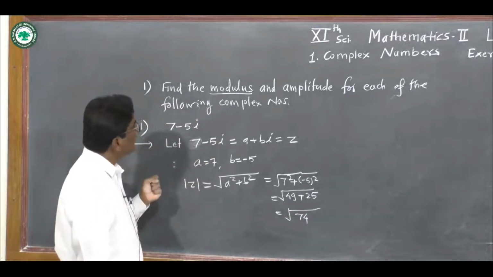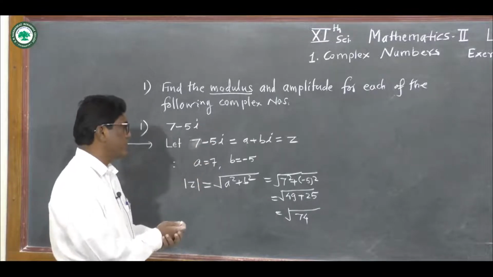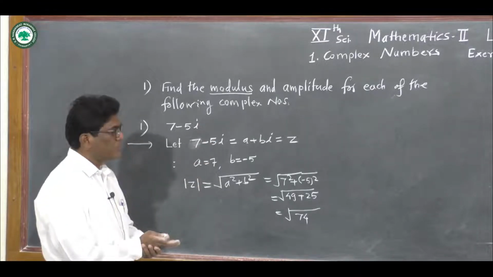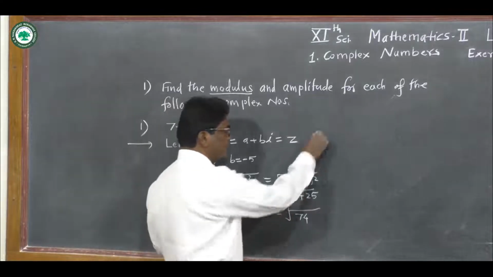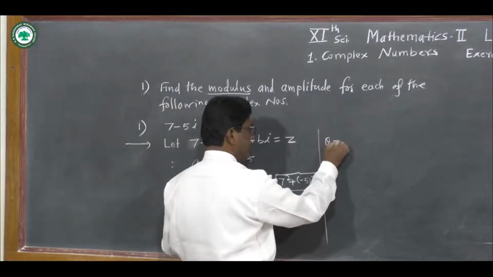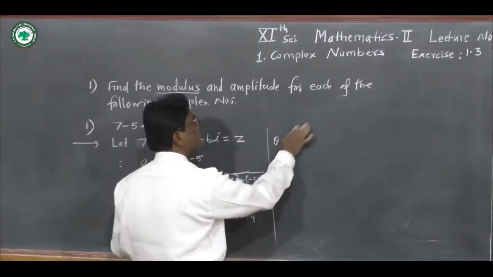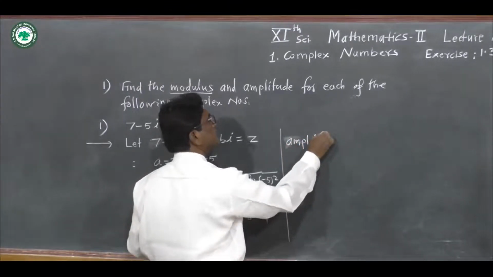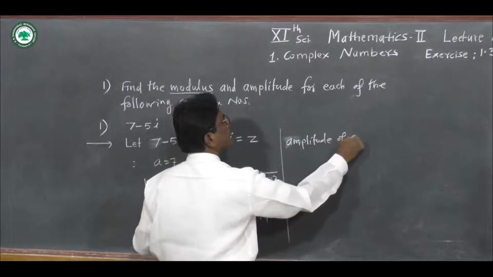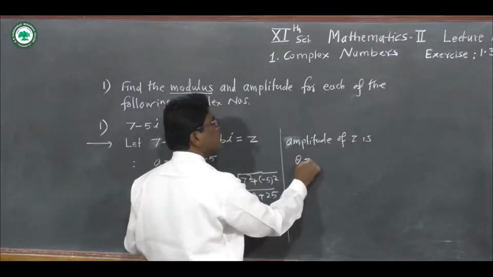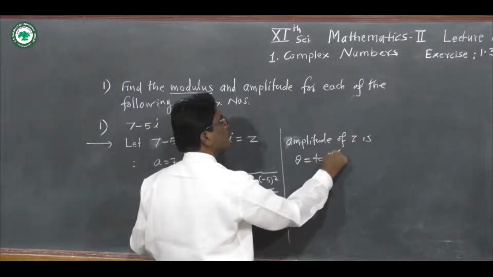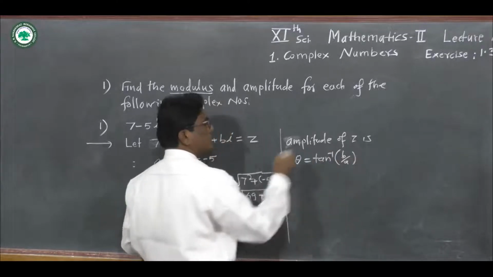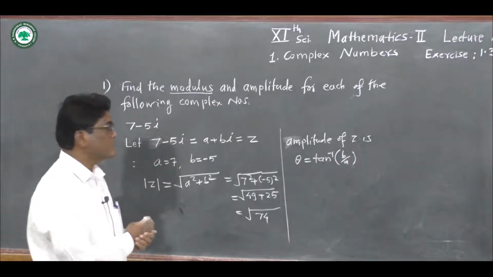Now we have to find the amplitude, which means we have to find theta. To find theta, we use the formula: theta, meaning the amplitude of z, is equal to tan inverse of b upon a.